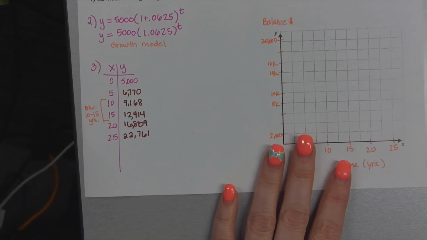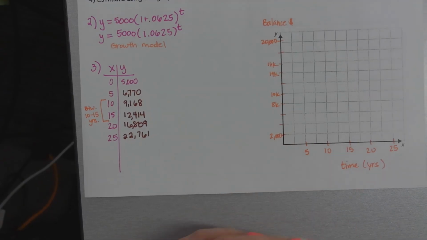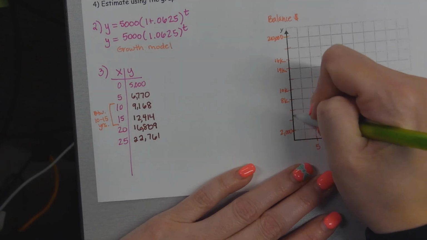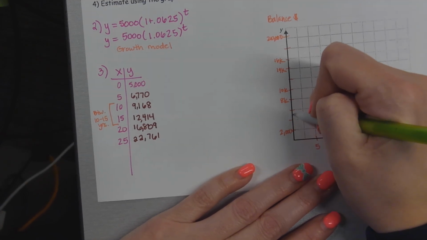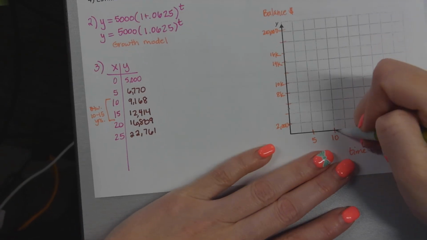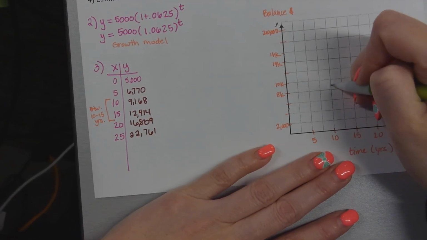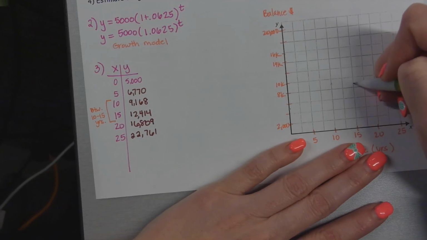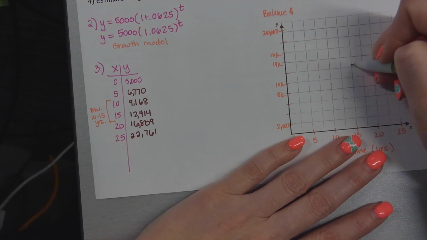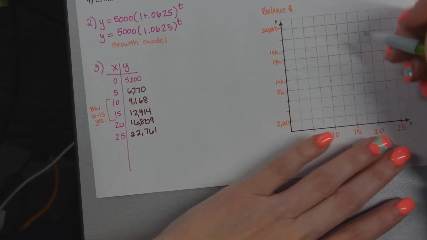Okay, and then we are going to plot those points. Okay, so at 0, I'm at 5,000. At 10, I'm close to 9,000. And yes, these are going to be estimates. So 12,400.